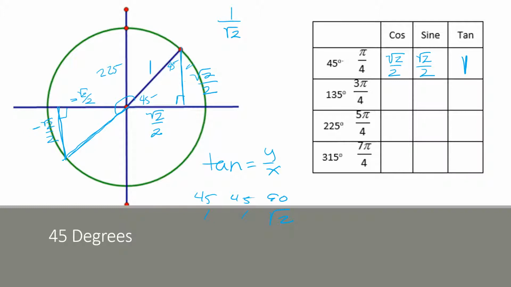So both your x and y are negative here, but that would make your tangent a positive 1. Go ahead and take a second, thinking about the signs in each quadrant and where your reference angle is, and fill out this table. Then you can pause and double check your work.